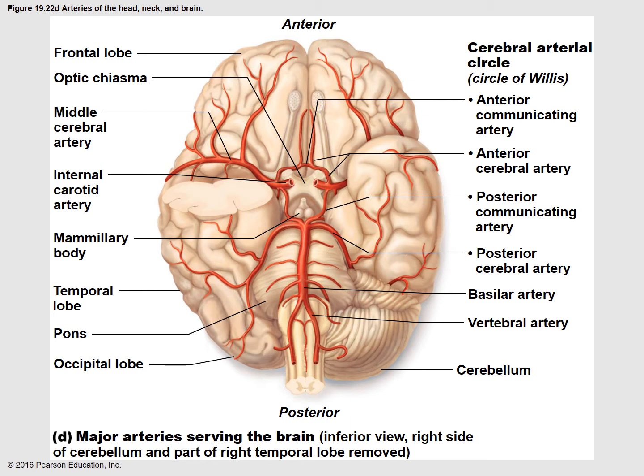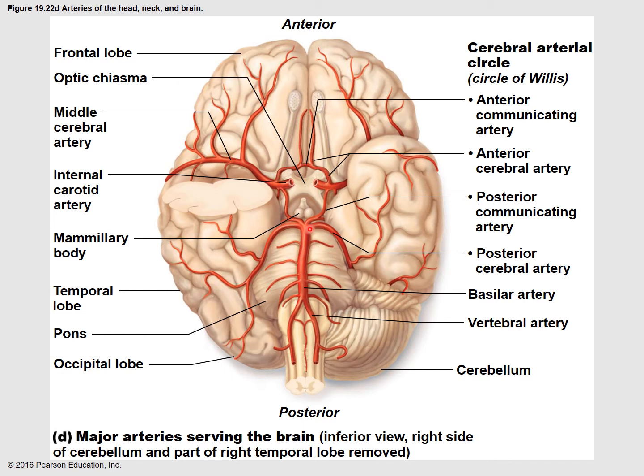From a posterior view, this is showing once again the major arteries that are servicing the brain from this posterior angle and the anterior angle looking up. So the posterior is down at the bottom, anterior is at the top. So you can see the different lobes and how the blood supply once again is coming in, and you have multiple arteries servicing multiple areas.